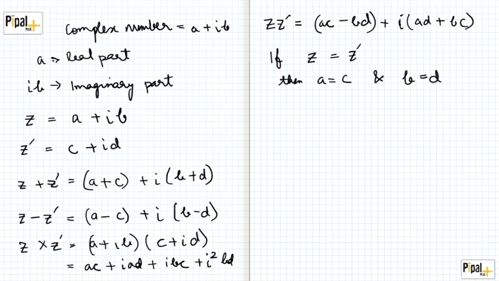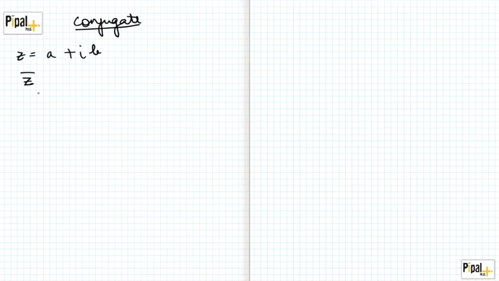Next let's move on to the conjugates of complex numbers. Now the conjugate of a complex number, let's say a plus ib, which is Z, is represented by Z bar, right?